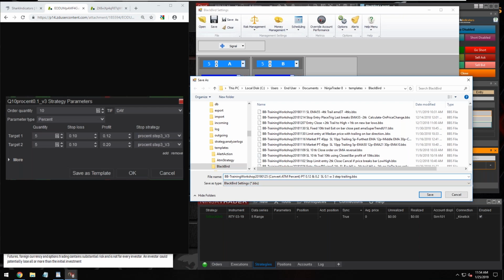Basically, this Blackbird file's point is to convert an ATM percentage. It's kind of the workaround for using an ATM percentage. All right, so let's save that.